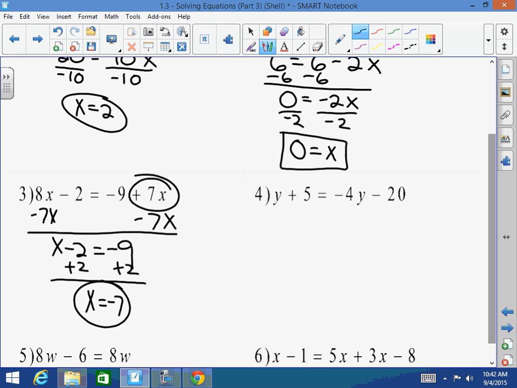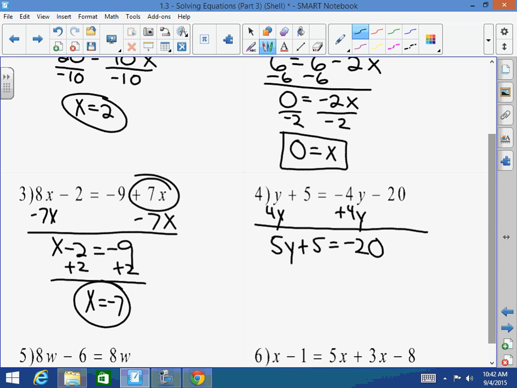Number 4, what do I do? Tell me. Yes, sir. That's right. You add 4y to both sides because you want to get all of the variables together on one side. I have no distributive property and I don't have like terms to combine. So I move all the variables together on one side and leave me with 5y plus 5 equals negative 20. Now I'm left with a two-step equation, which we very well know how to complete.